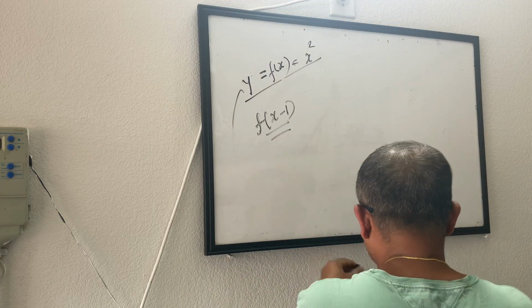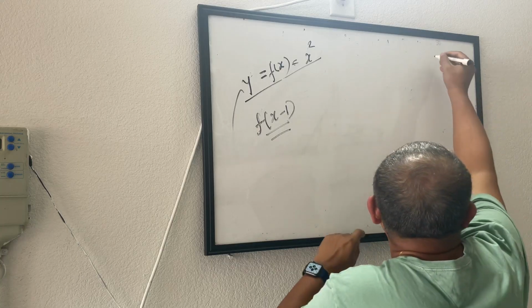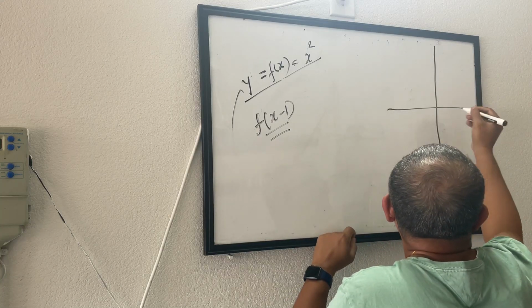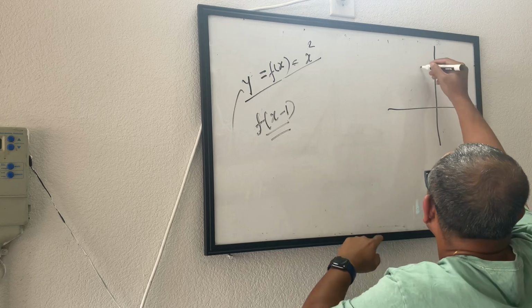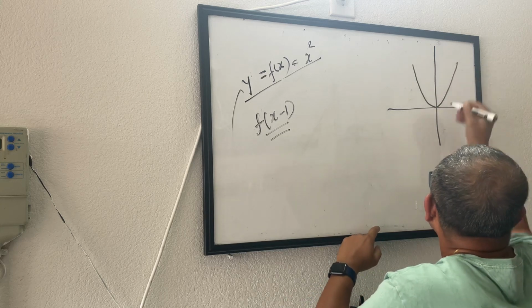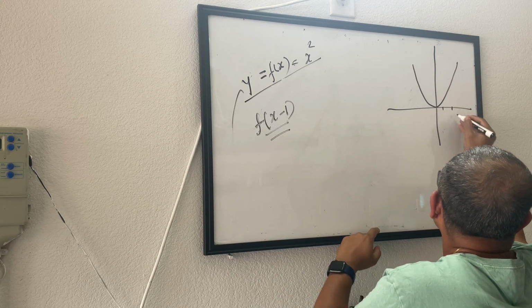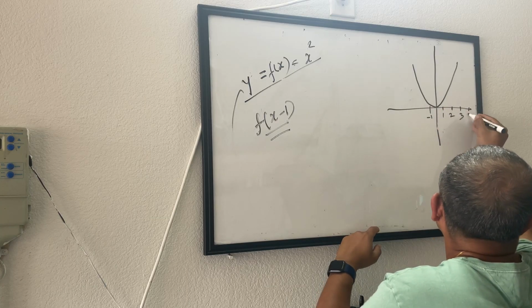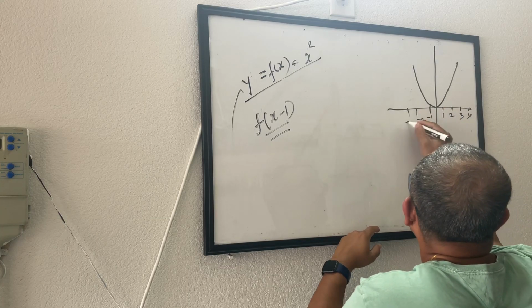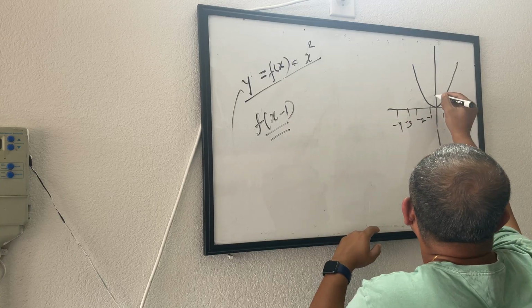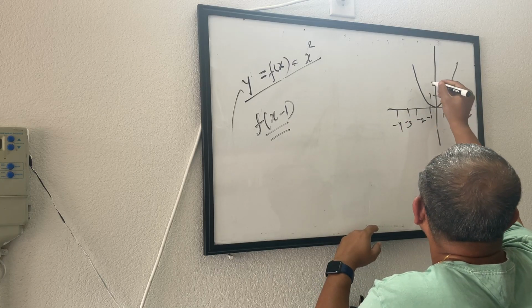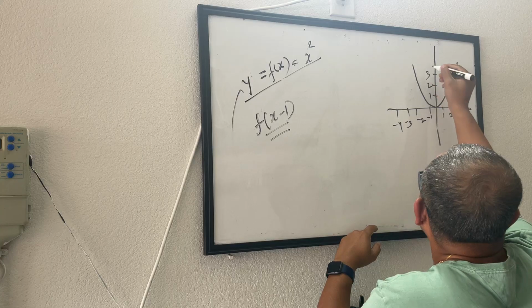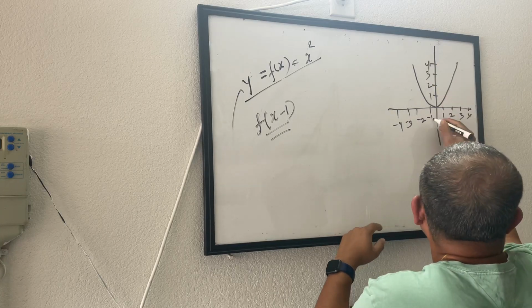So we will take the same approach. Let's say f of x is plotting a graph like this for me. This is 1, 2, 3, 4, minus 1, minus 2, minus 3, minus 4. Here we have 1, 2, 3, 4, minus 1.